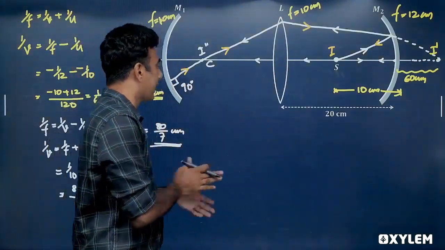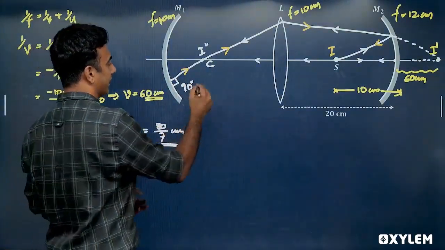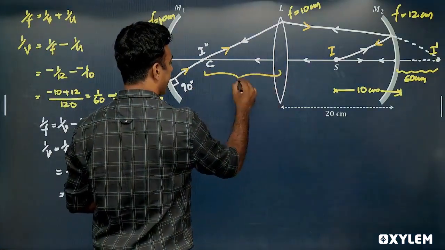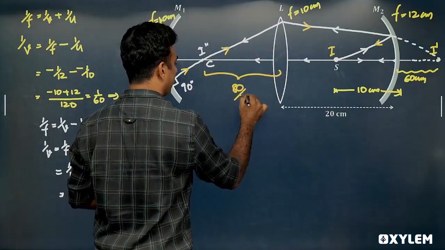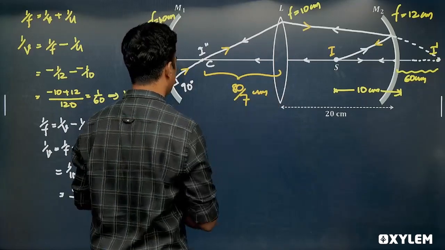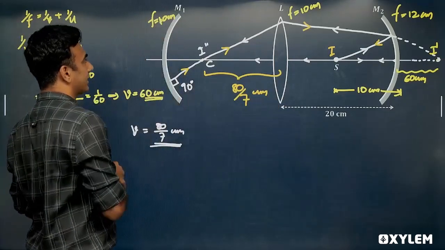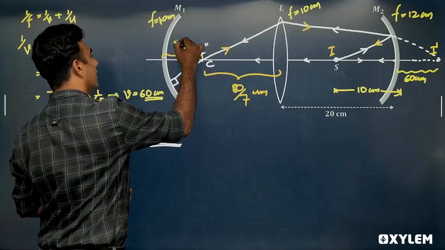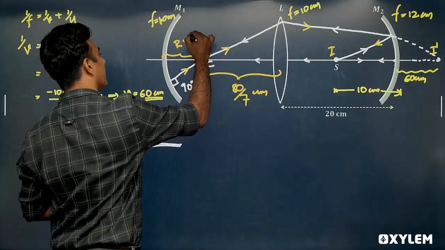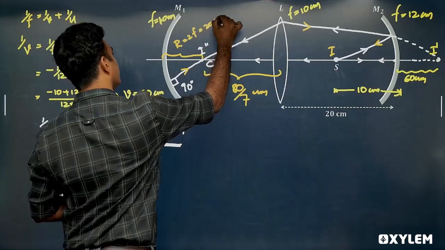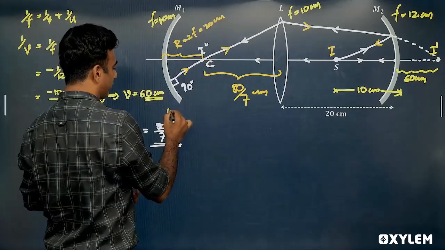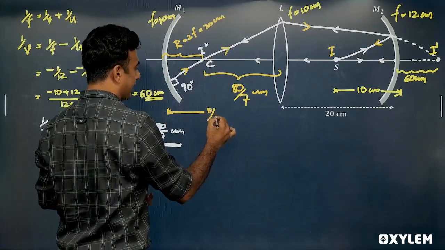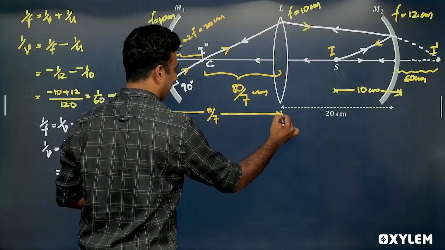In this scenario, this distance is 80 divided by 7 centimeter, and the focal length is 10 centimeter, and this is nothing but the radius of curvature, 2f, that is equal to 20 centimeter. You are supposed to find this distance, which is given as n by 7 in the question.